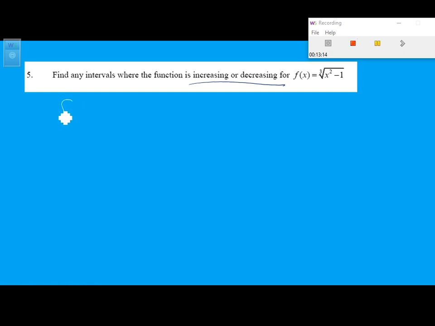So let's think of f of x as x squared minus 1 to the 1/3 power. Well, f prime of x is 1/3 times x squared minus 1 to the negative 2/3 times 2x.